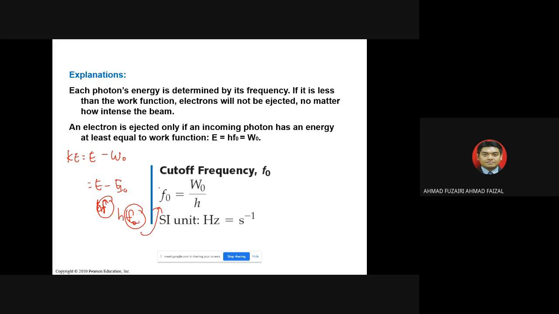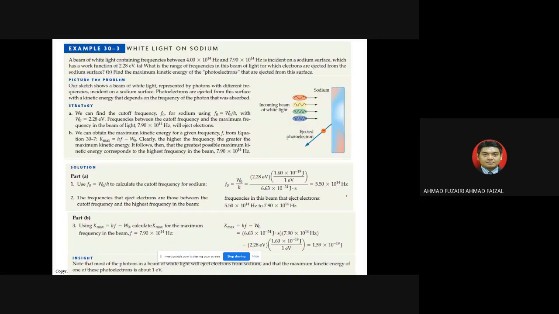So what is f and what is f naught? f is the incoming frequency, and f naught is the cutoff frequency. And f must be equal to or greater than f naught in order to eject an electron. And of course, this is how they did it in the examples.